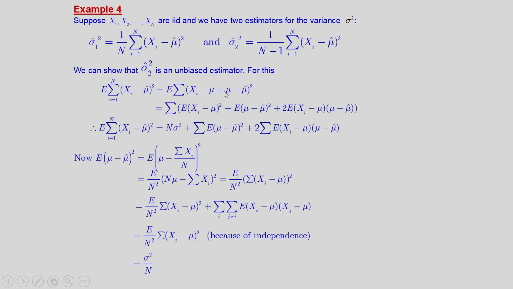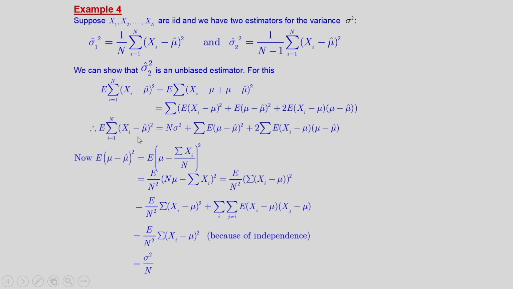The second term will be E of mu minus mu hat whole square, and then cross terms will be there twice, E of xi minus mu into mu minus mu hat. I know that this is IID, so there will be n such terms because of this summation.